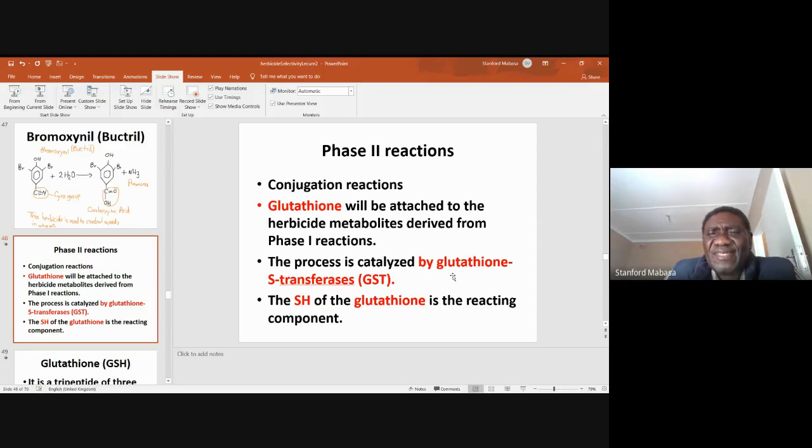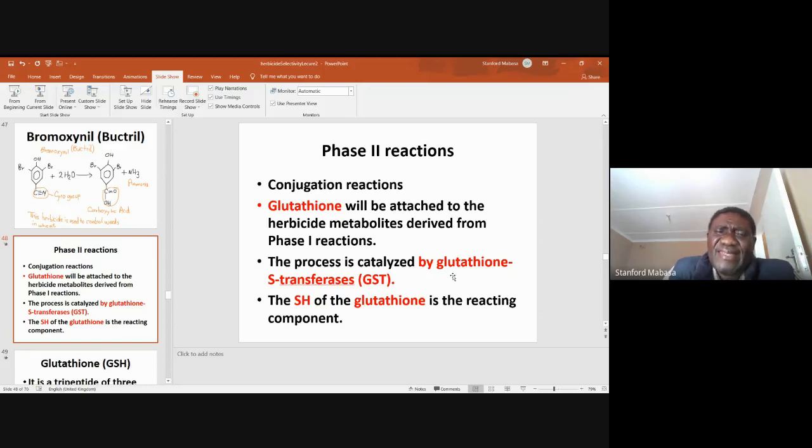The long name is glutathione S transferase. So you've got glutathione S transferases because there are many of them, which work in conjunction with the glutathione. They will then use all the products or some of the products from phase 1.